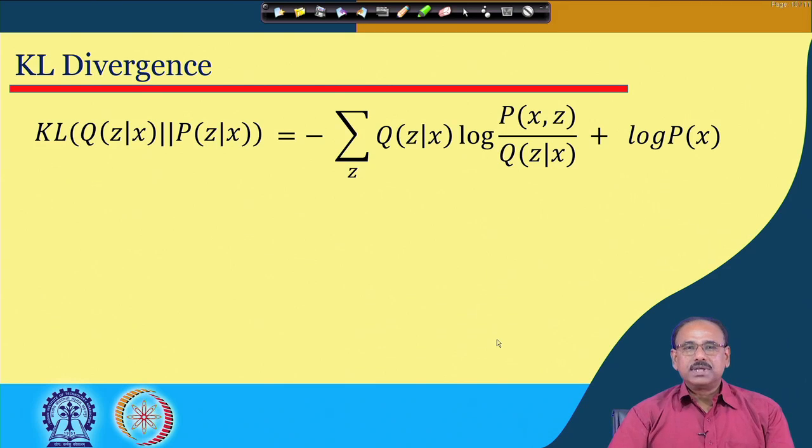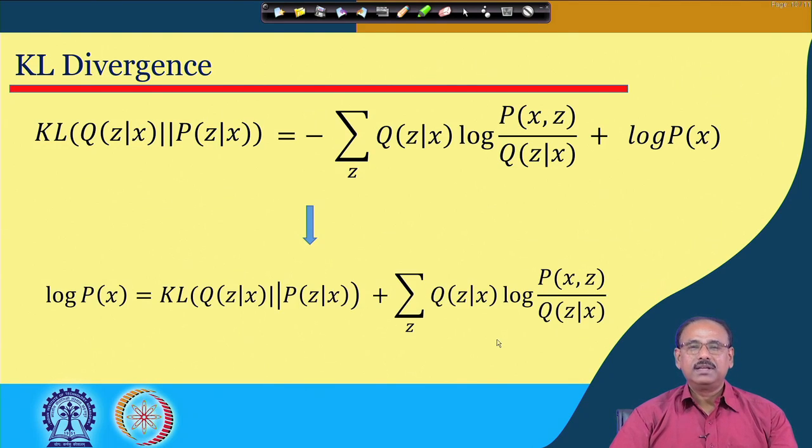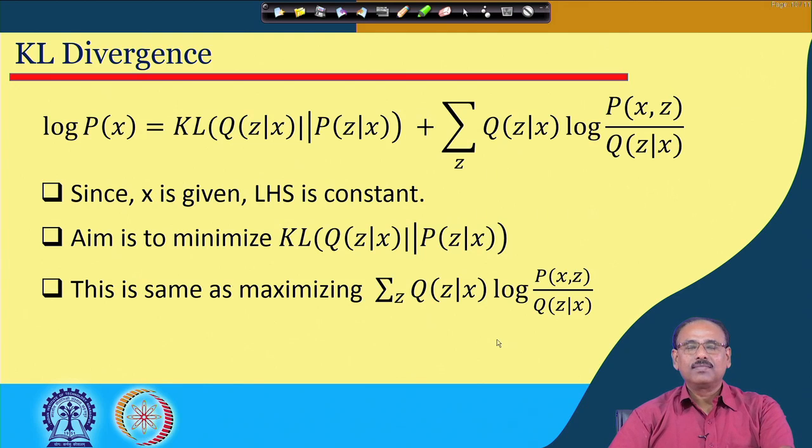I can rewrite this expression in this form. You can rewrite it as log of P of X equals the KL divergence between Q and P plus the sum of Q of Z given X into log of P of X, Z upon Q of Z given X. You go on simplifying further. Here you find that since X is given, the left hand side, log of P of X, is fixed because X is known.